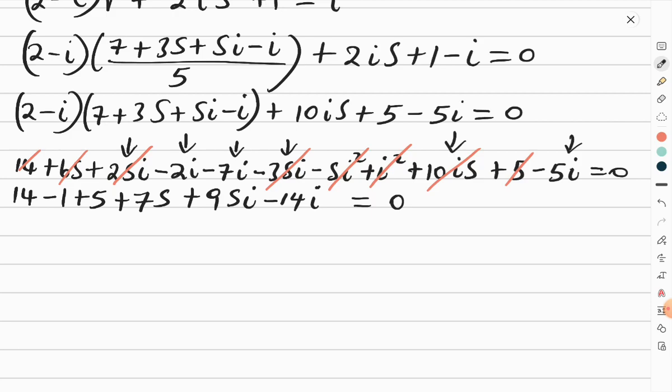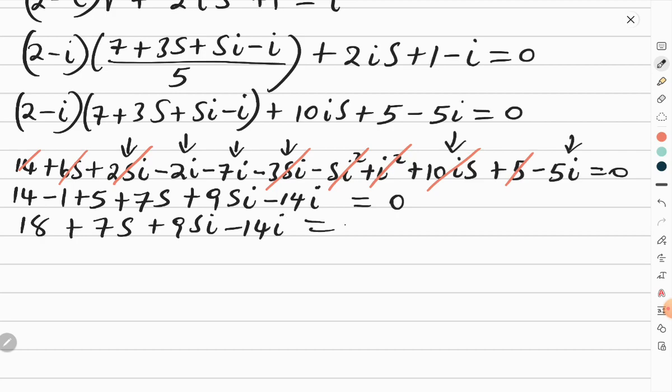Now what are we having? We are having something like these ones can be solved, which is 14 plus 5, that's 19 minus 1, that's 18. Then 7s and that one, we have 7s, so plus 7s. Then this one we can just say, let's just have plus 9si for now, minus 14i.